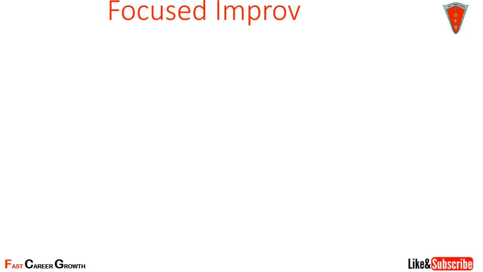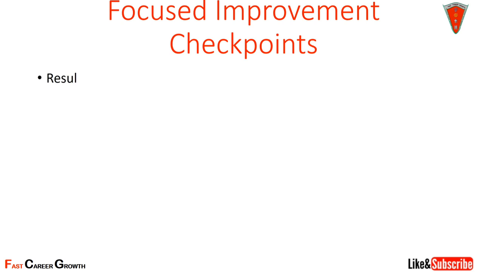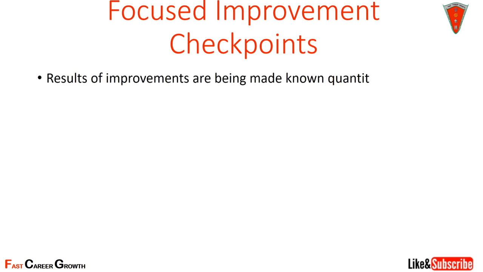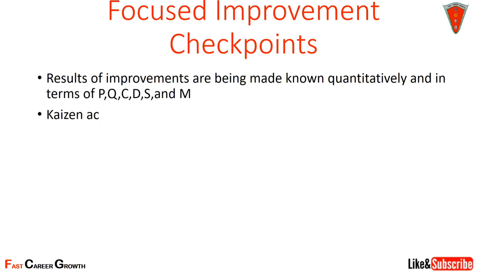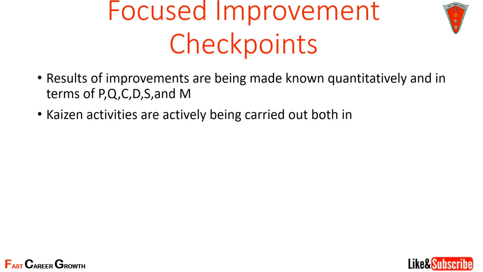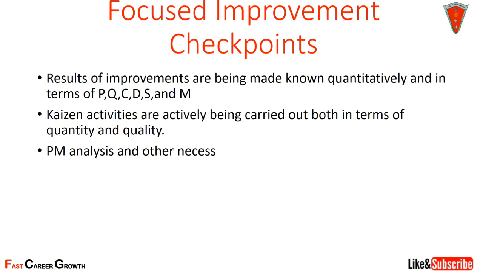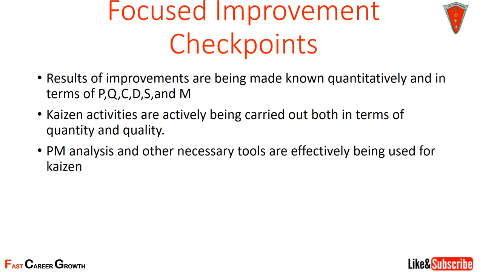So, other improvement checkpoints are: results of improvements are being made known quantitatively and in terms of BQCDSM. Kaizen activities are actively being carried out both in terms of quantity and quality. PM analysis and other necessary tools are effectively being used for Kaizen activities.